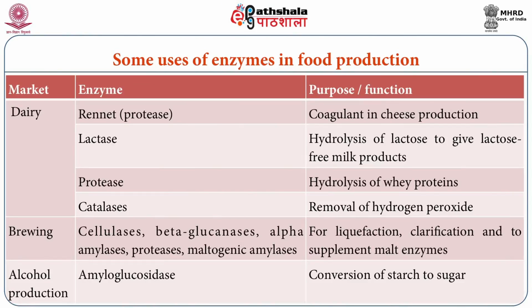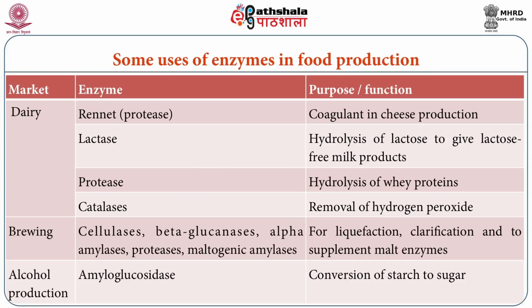If we take different fields of food production, we will start with dairying. The enzyme very commonly used, we know, is rennet, which is commercially known as rennet, and it is the rennin enzyme, actually a protease. It is used for coagulation in cheese production, a very important enzyme without which we cannot get a really good cheese.